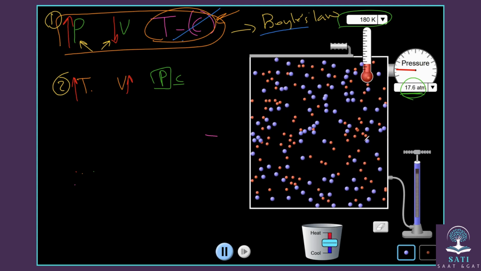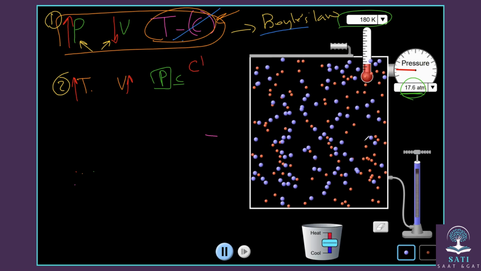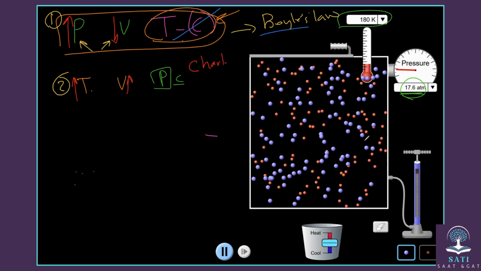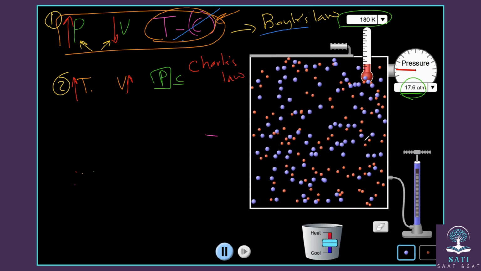And this law, by the way, keep it in mind, is called Charles' law.